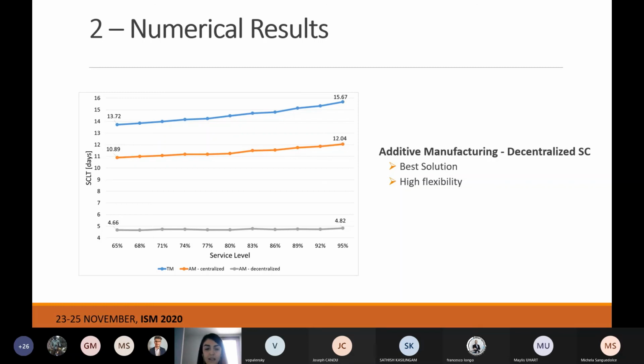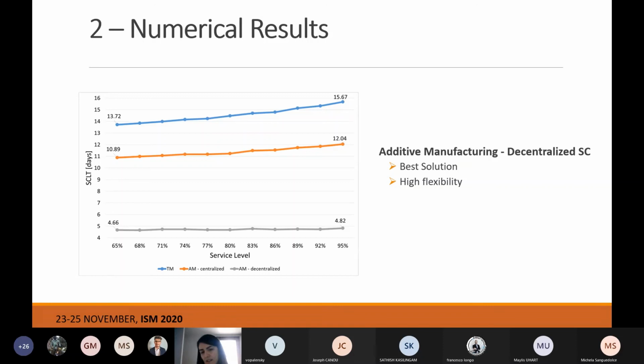In general, additive manufacturing provides a better solution compared to traditional manufacturing. In particular, the decentralized structure provides the best solution, and it also shows high flexibility. In fact, in this case, the supply chain lead time is not affected by the service level.